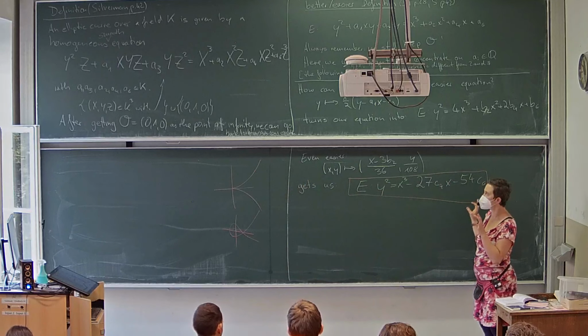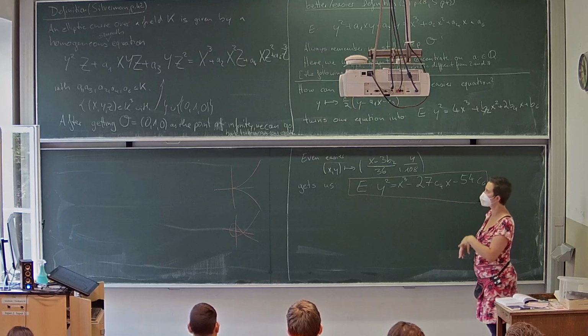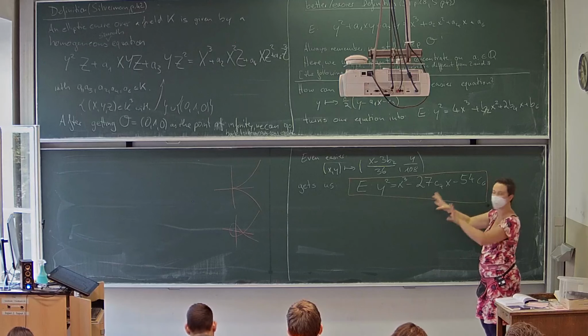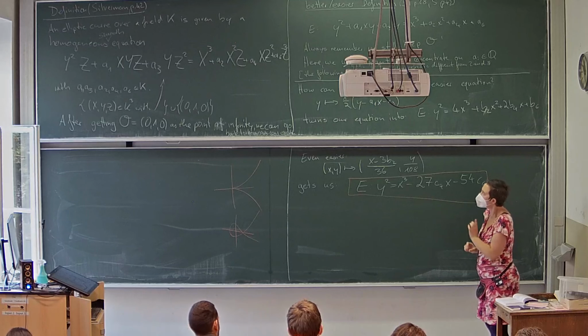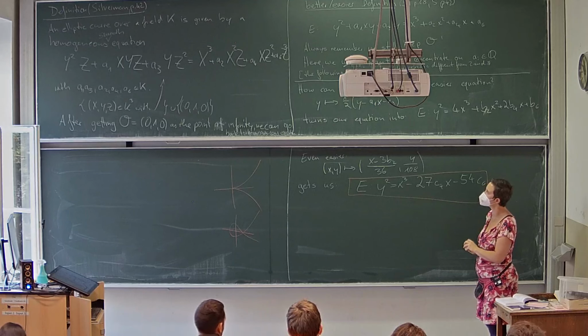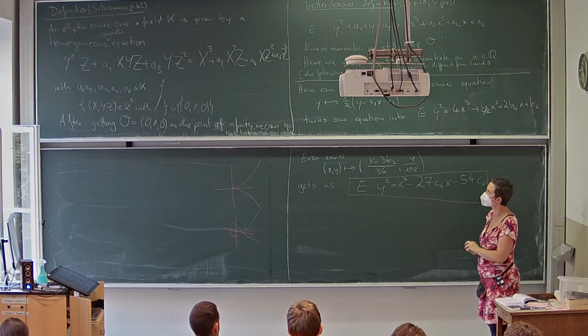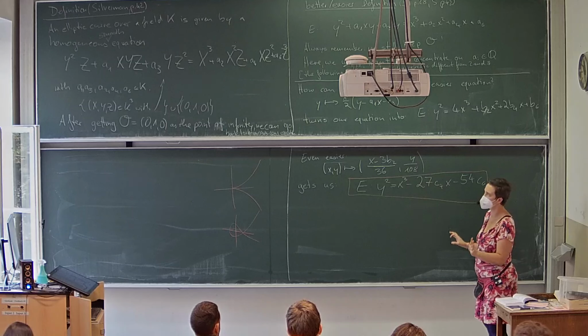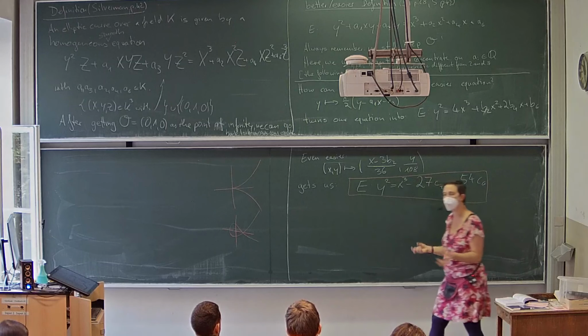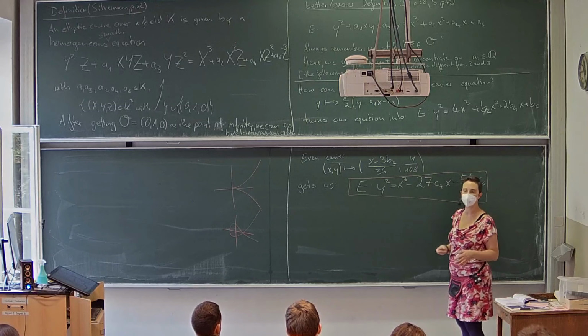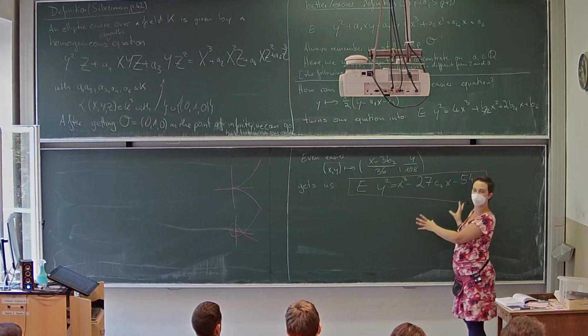But when we work with it, we don't need at all that it comes from this homogeneous stuff. We will just use the point at infinity as the formal thing that we need to make this a real group.